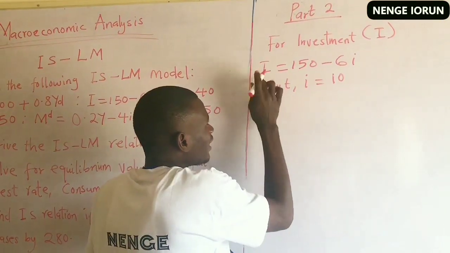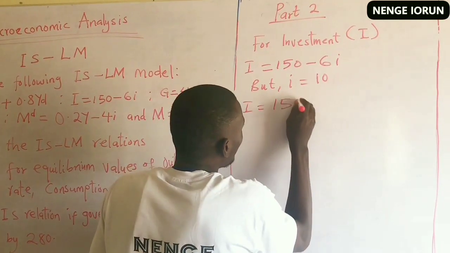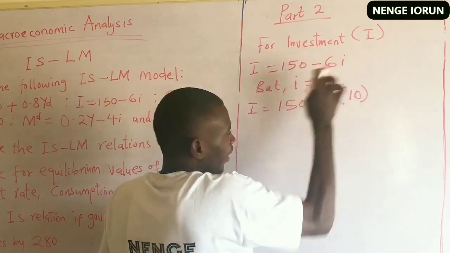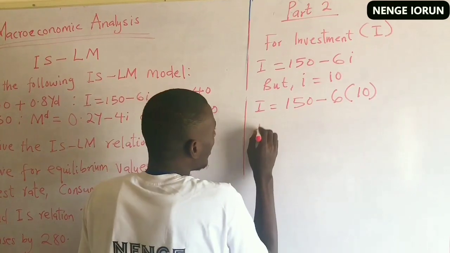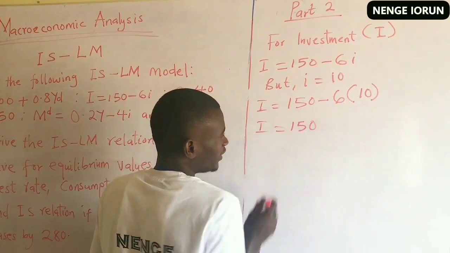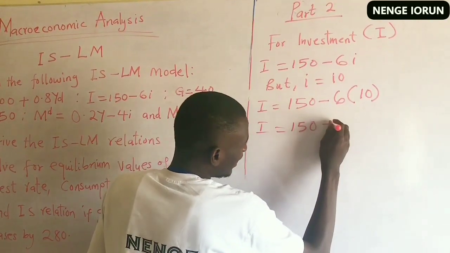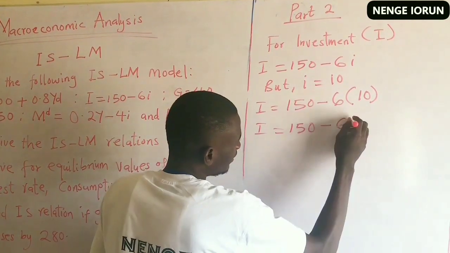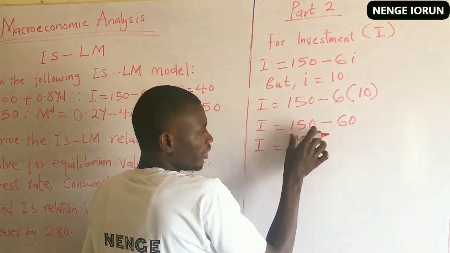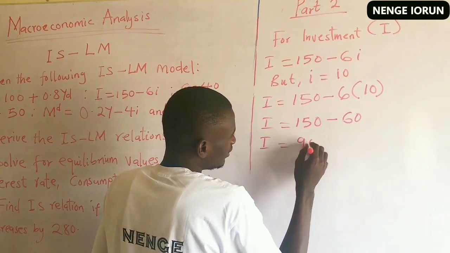Now to get capital letter I, the investment, we have I is equal to 150 minus 6 into 10. This 10 is standing for i. By so doing, you remove this bracket: I is equal to 150, negative 6 times 10 is negative 60. So now I is equal to 150 minus 60, which is equal to 90.